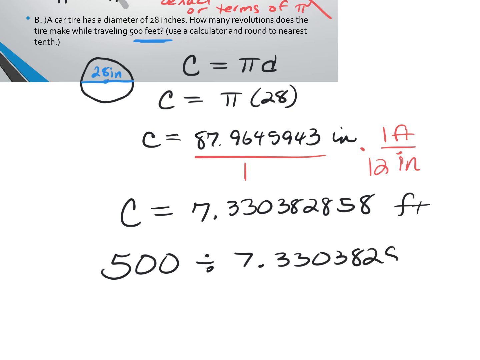And I'm going to round now to the tenths place. So once I divide 500 by that number, I get 68.209, so rounded to the tenths place, 68.2 revolutions.